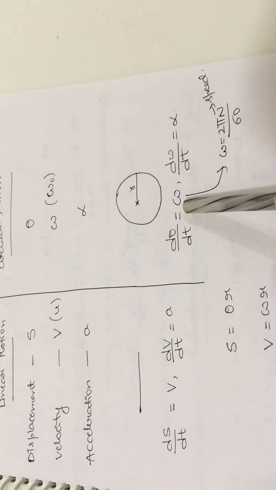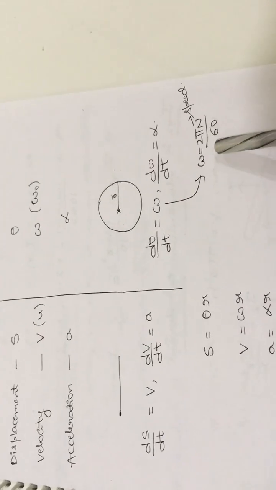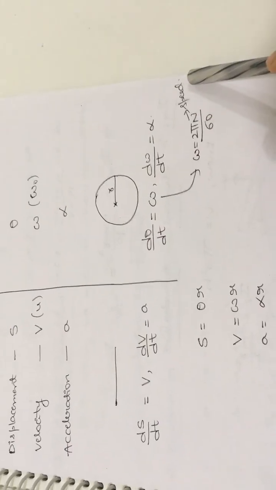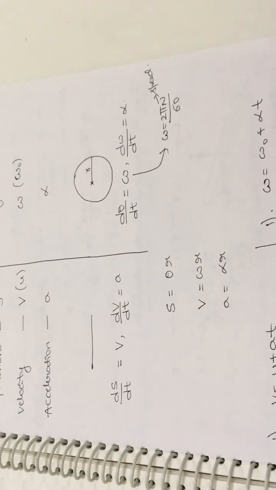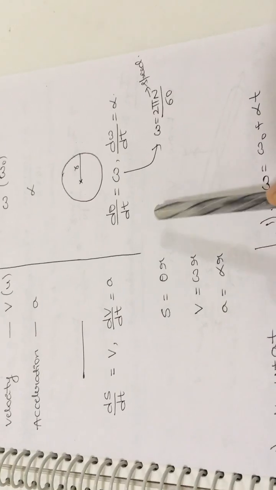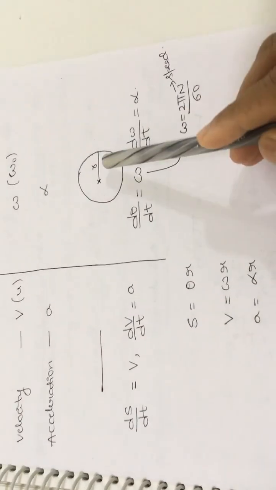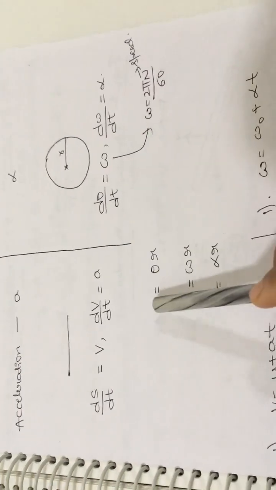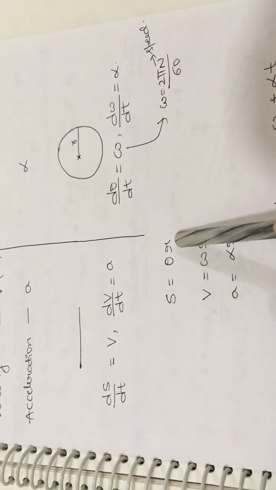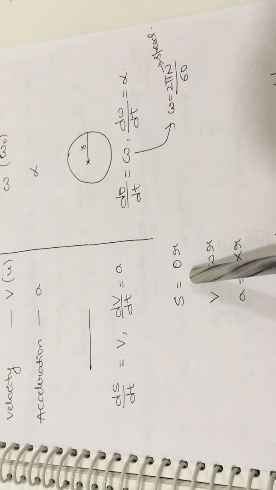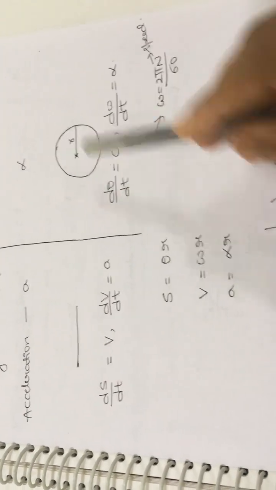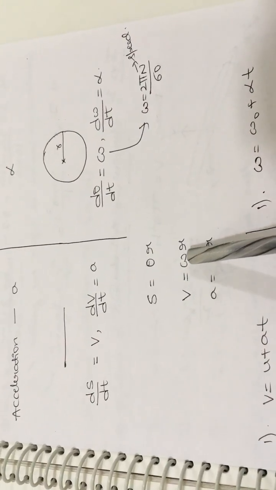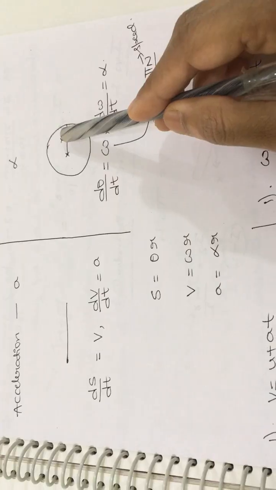And here omega is nothing but angular velocity, so that formula is given by 2 pi n by 60, where n is nothing but speed value. And the direct relationships between the linear motion quantities and angular motion quantities are nothing but with the relationship of the radius value of the circular motion only, that is s is equal to theta r, linear displacement is equal to angular displacement into radius value, and v is equal to omega r, linear velocity is equal to angular velocity into radius of the circular motion.